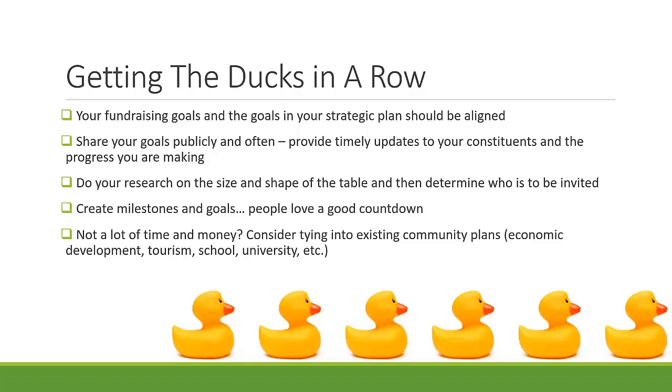That's aligning some community goals, so that as a foundation, you can say, well, our economic development plan has discovered that there's the opportunity to have different things going on within the community. And so, figuring out how you can tie into that is very helpful.